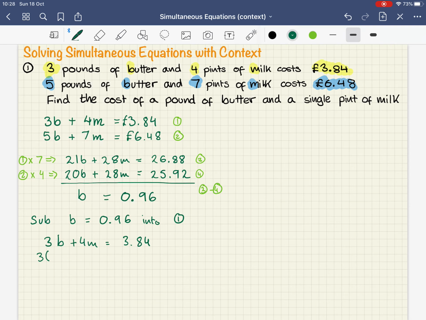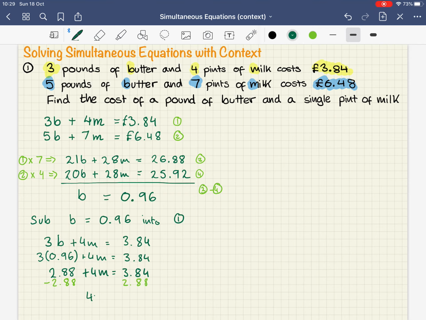So it's going to be 3 times 0.96 plus 4m equals 3.84. So times that by 3, that is going to give me £2.88. Plus 4m equals 3.84. Then I'm going to take away the 2.88 from both sides.